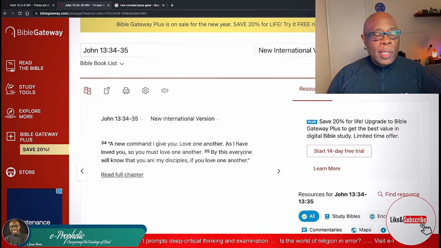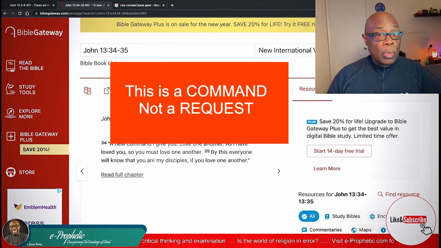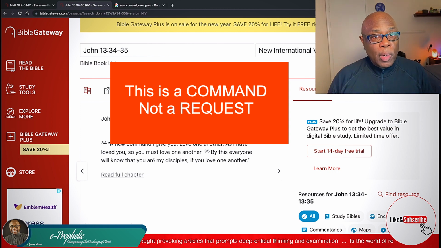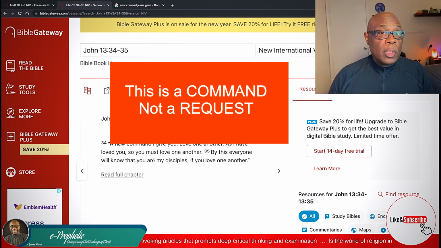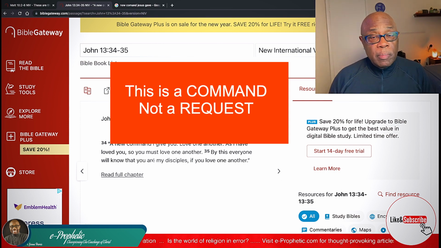So as a disciple of Christ, I'm required to love those who are also disciples of Christ. Also, as a disciple of Christ, I'm required to love those who are not his followers. We're talking persons who are of different religions, different racial backgrounds, different ethnicities, all within the human family, even my enemies.